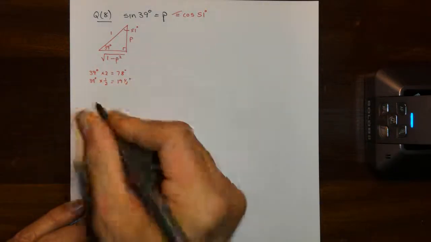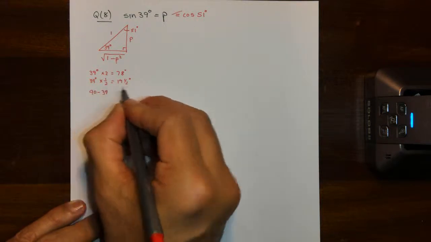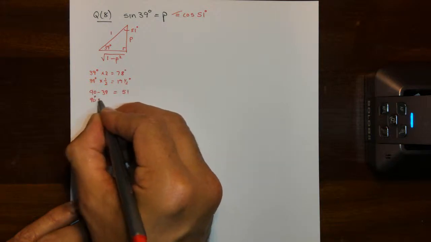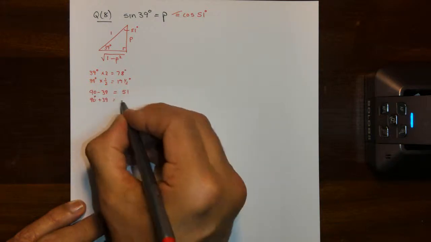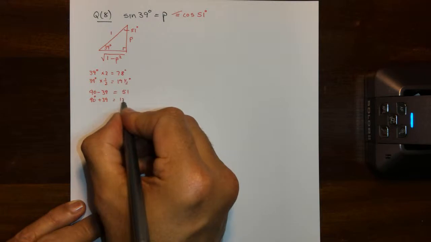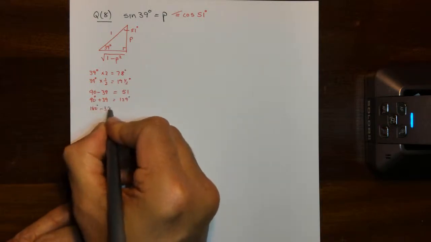19.5 degrees. You can also say, what is 90 minus the 39? We've got that already. It's 51. What is 90 plus 39? That will give you 129 degrees. Then what is 180 minus 39?